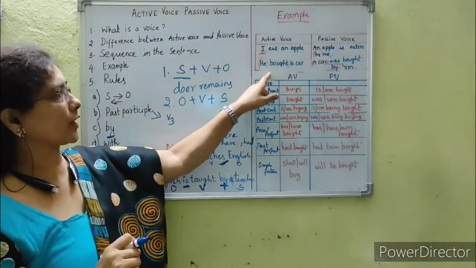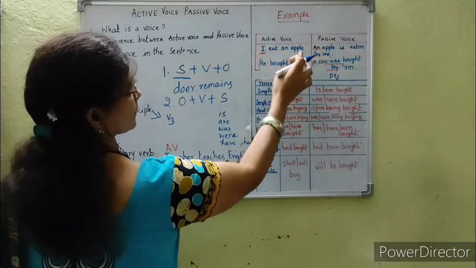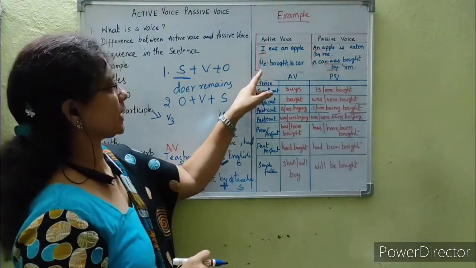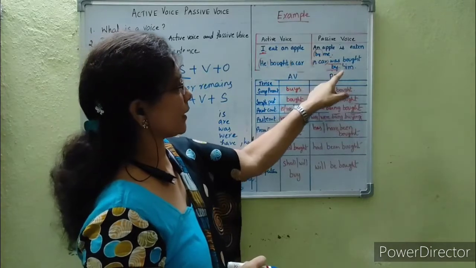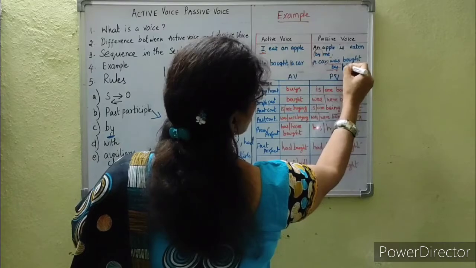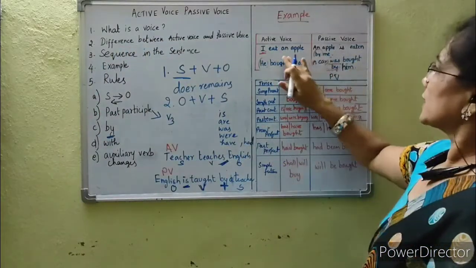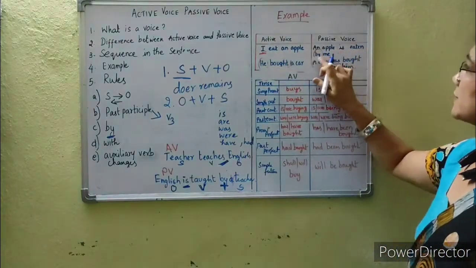One more example for you I have written here. I eat an apple. An apple is eaten by me. He bought a car. A car was bought by him. So when you come to this sentence, I eat an apple, an apple is eaten by me.